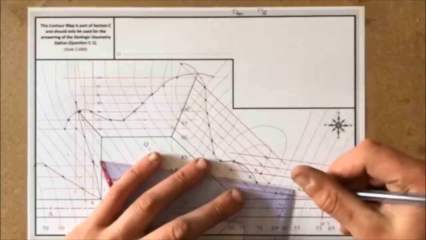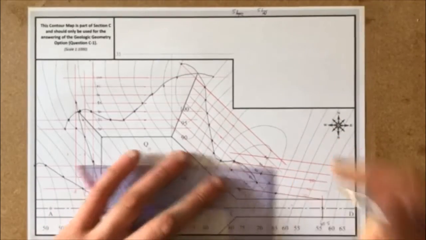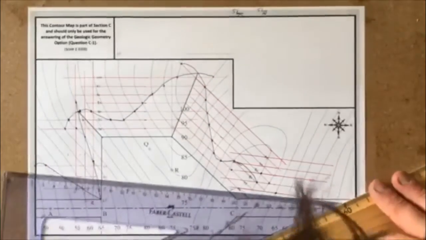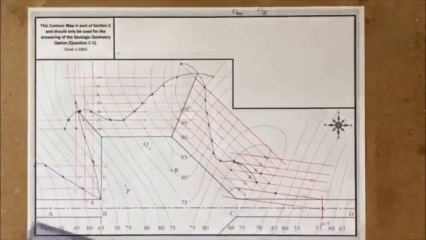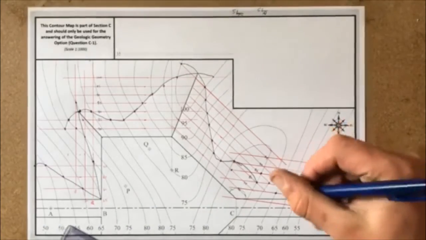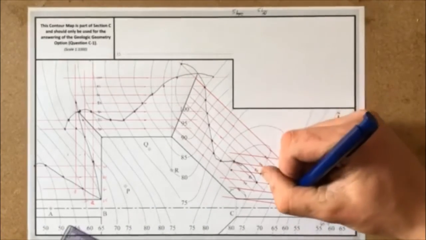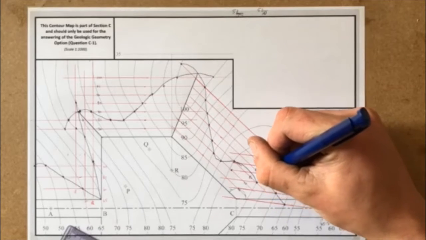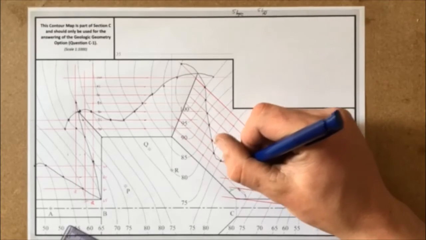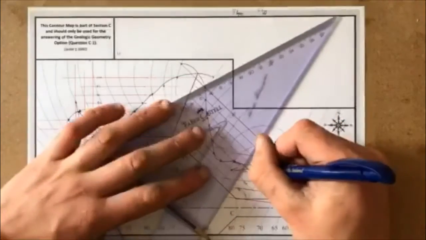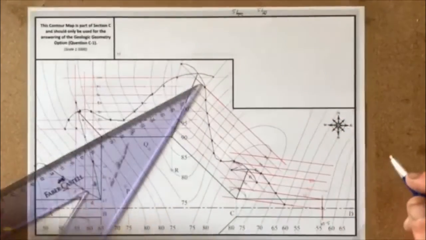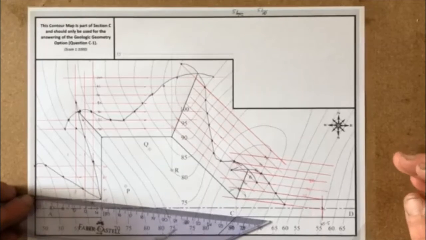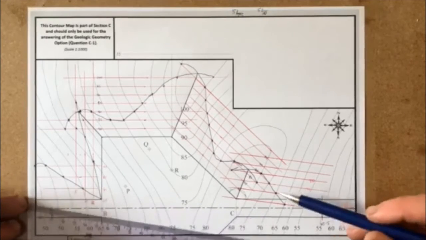I need to bring in 7.5 this way, down here so it gets to 65, and I can join that up there. Now where the two of them cross again, joins back in there. That's another split there. Okay, now that's all cut there.